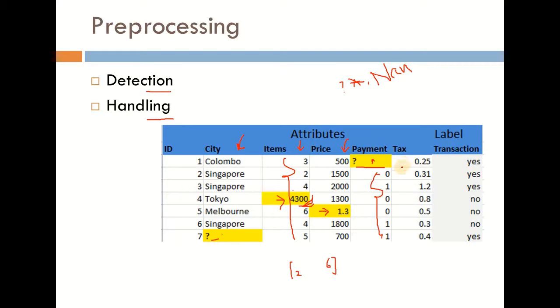Next we have taxes, and the taxes are small floating point numeric values. We can generally see the trend that the values are around 1 or less than 1 and are all positive values. Finally, the last column represents the labels for these instances, where we have yes for a transaction completed while no for a transaction that is rejected.